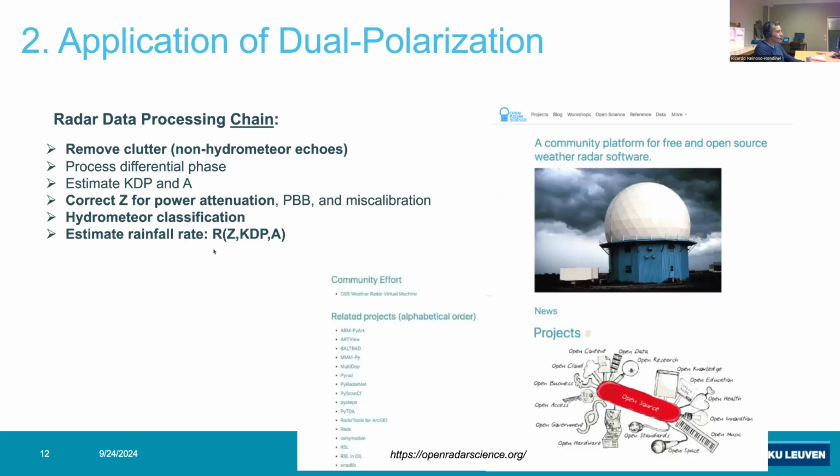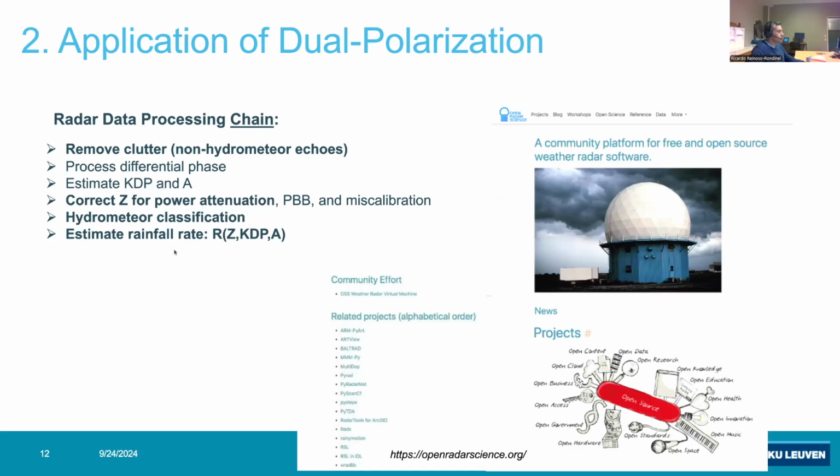So before I jump into the clutter removal, good news for us is that we have a very nice open source weather radar community in which we share a lot of articles that show algorithms. They are also shared among the community in order to apply, for example, a few of those processing steps that I just mentioned.